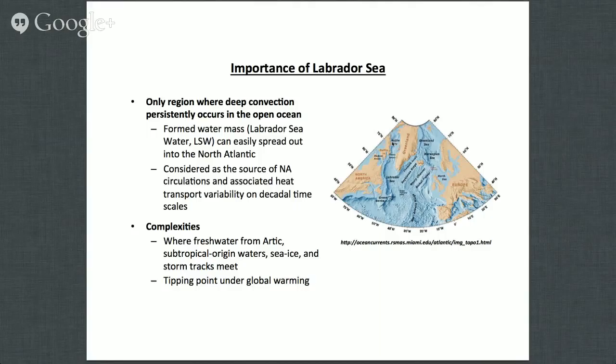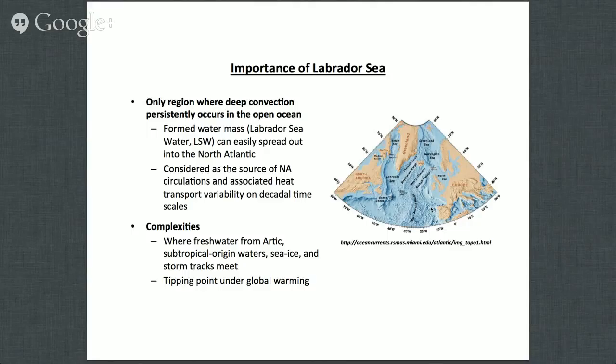So this map shows the North Atlantic Ocean. Greenland is on the top of the map, and Lab Sea is west of southwest Greenland and east of the North America continent. There's not much of a topographic feature around Lab Sea.